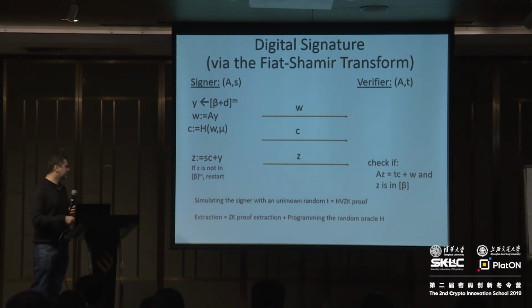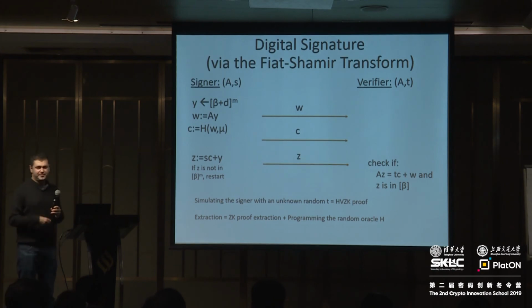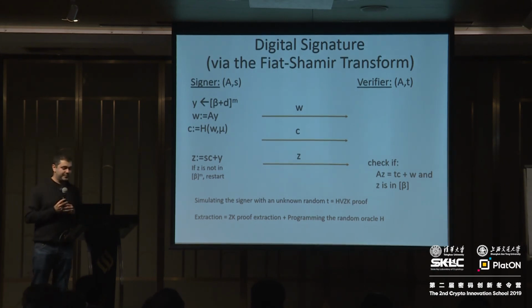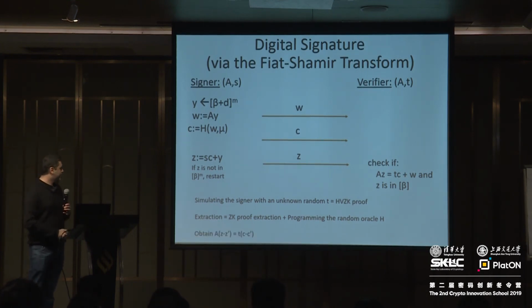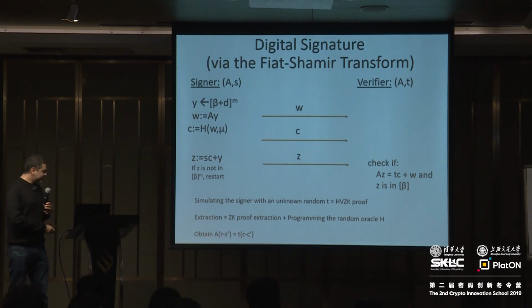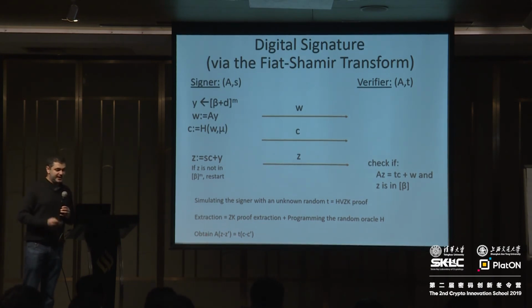And the extraction is very similar. If you've seen how to extract with a random oracle, it's the same. So this is not what I want to cover. The security properties of this are exactly the same as in the interactive protocol. And then what you obtain is A times Z minus Z prime equals T times C minus C prime. So that's what you can extract.